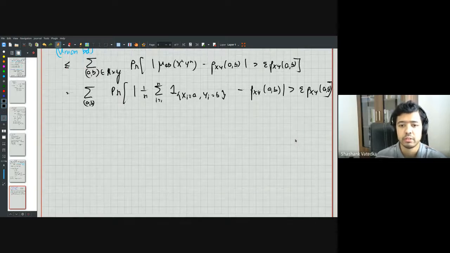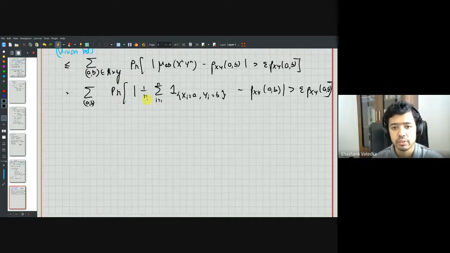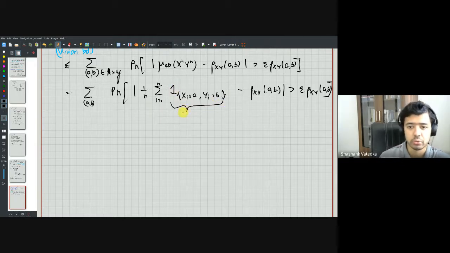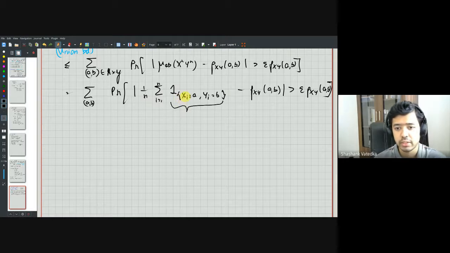Now this is basically a sum of random variables divided by n. But what is the expectation of each of these random variables? This random variable takes values either 0 or 1. It is 0 if either x_i is not equal to a or y_i is not equal to b. It is equal to 1 if and only if x_i equals a and y_i equals b.